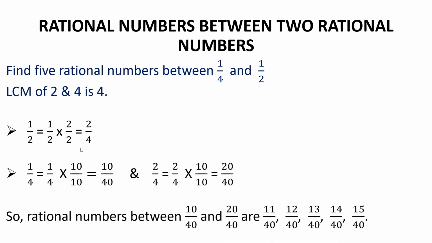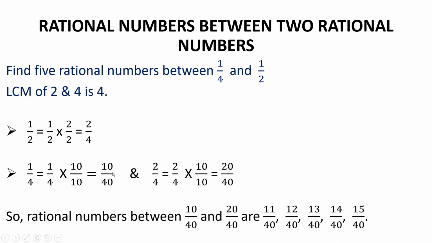Now we'll multiply this 1 upon 4 with 10, both numerator and denominator. We'll get 10 upon 40. And for 2 upon 4 also we'll multiply with 10, both numerator and denominator, and we'll get 20 upon 40. Now over here the numerator is 10 and here the numerator is 20.